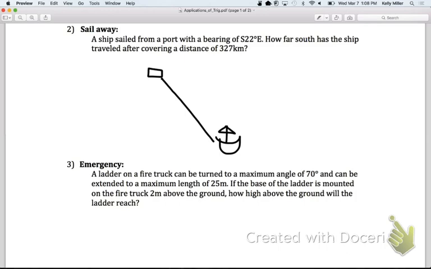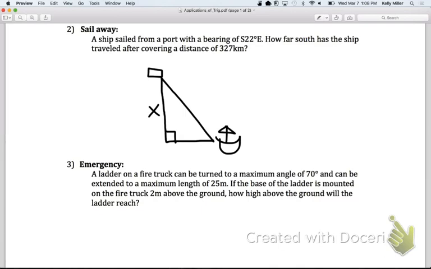So a ship sailed from a port with a bearing of south 22 degrees east. How far south has the ship traveled? So my south line would be a perpendicular line straight down. So that's my X. How far south has the ship sailed after it traveled a distance of 327 kilometers?